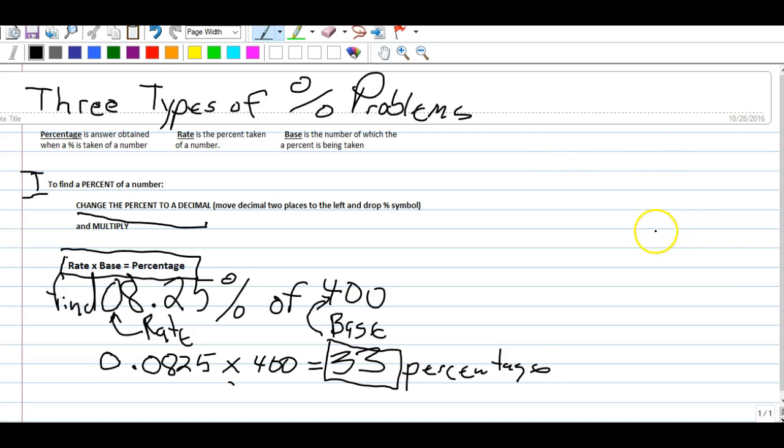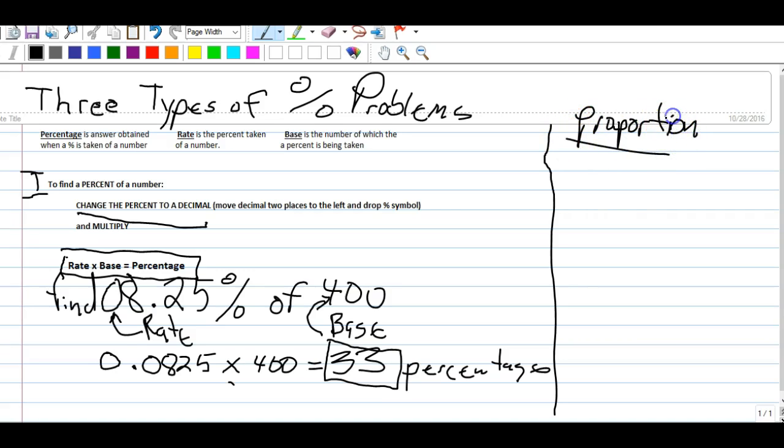Now, another way is to set up a proportion. In one of the previous sections, we talked about proportions. A proportion is the equality of two ratios. So we're going to solve the same problem, but this time by setting up a proportion. Here I would have to come up with two ratios.